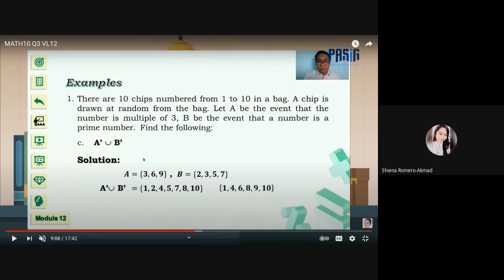So if we are going to get the union of these 2 events, A complement and B complement, we have 1, 2, 4, 5, 6, 7, 8, 9, 10. Ito yung kabaliktaran ng ating mga events, kasi ito yung wala sa kanila kanina.